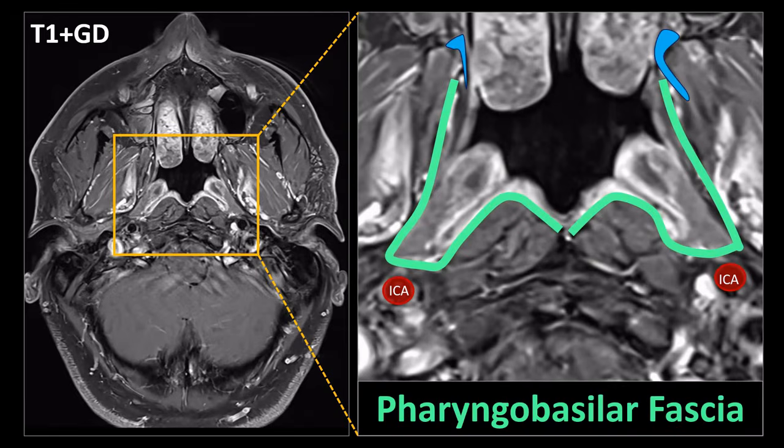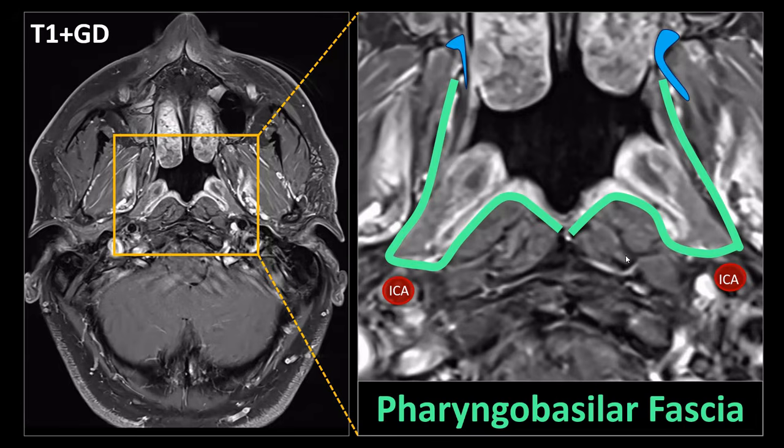So the Pharyngobasilar fascia is the thick fascia located superficially of the constrictor muscles or the muscular layer of the pharynx. And basically, it originates at the skull base at the level of the pharyngeal tubercle of the clivus and along the petrous bone, and it makes a turn anteriorly in front of the canal for the internal carotid artery to insert on the medial pterygoid plate.